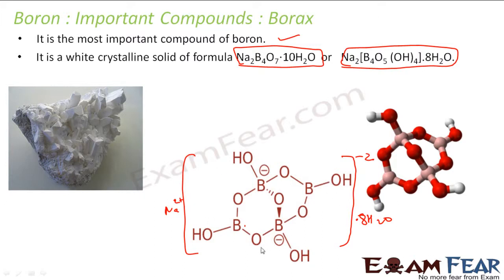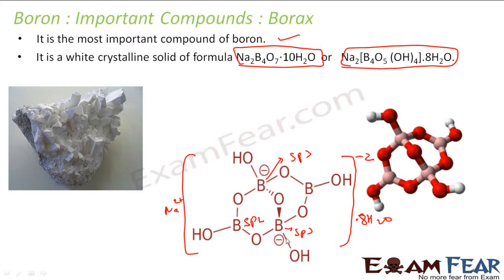And now if you see, these have 2 negative charge, correct? So these borons, if you see, some are sp2 hybridized and some are sp3 hybridized. The 4-bonded ones are sp3 hybridized, the 3-bonded ones are sp2 hybridized, and the 2 sp3 hybridized borons have negative charge.